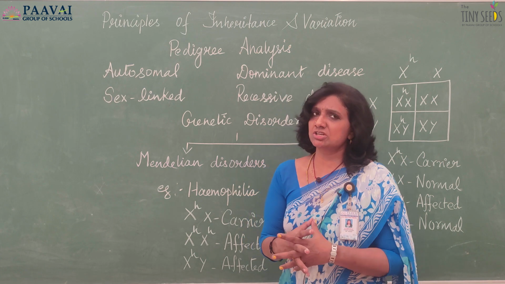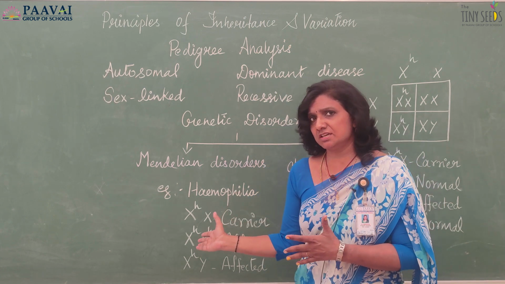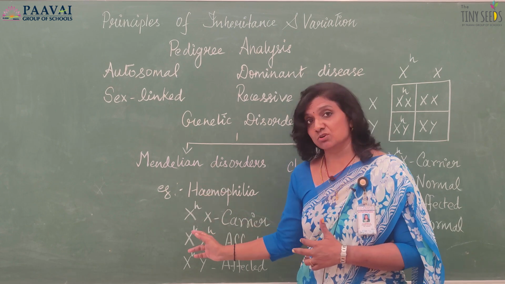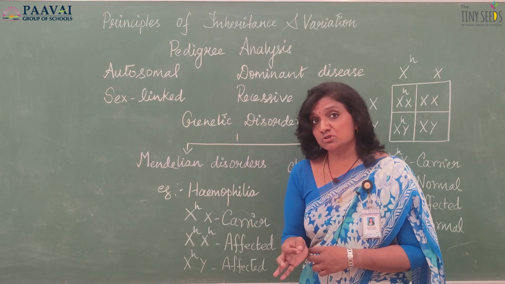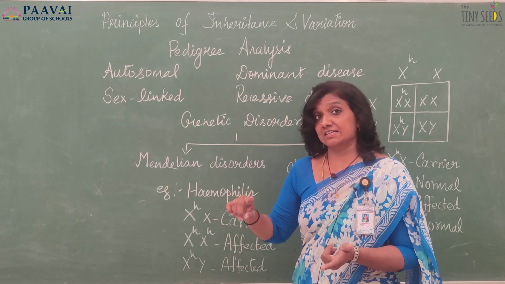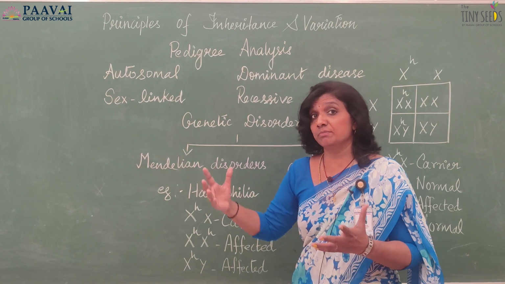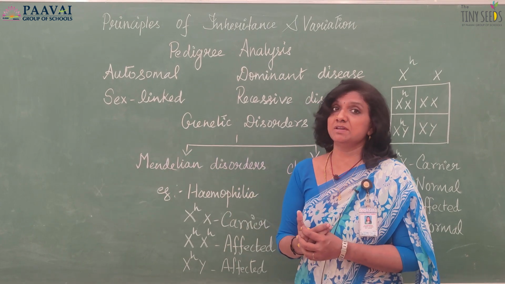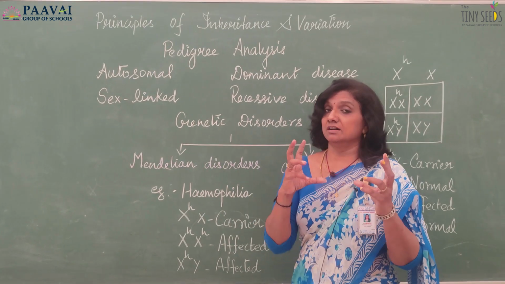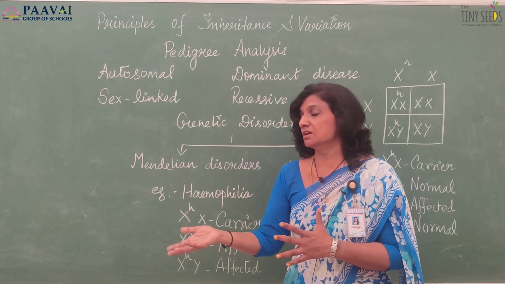And do you know which chromosome is affected because of this disease? That is X chromosome. If the X chromosome is affected, then it can be called as X-linked disease. Already I told you sex-linked disease. Do you remember? Sex-linked disease means nothing but it is related to allosome, that is sex-linked chromosomes.